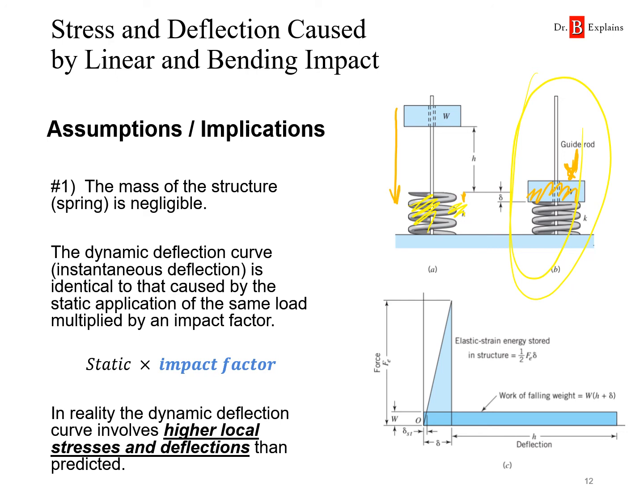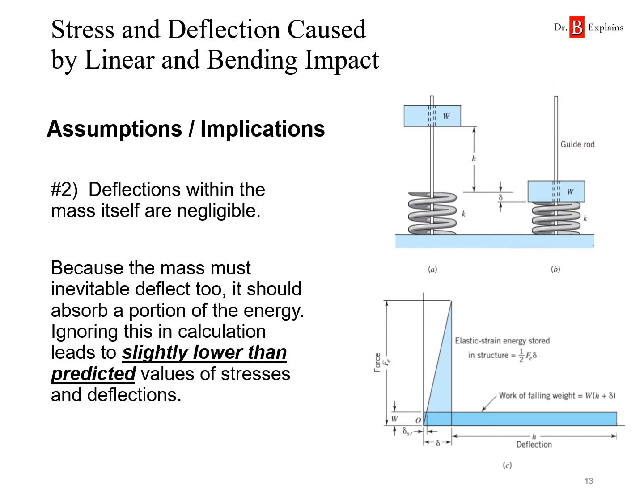So that magnification is what we call the impact factor, and we'll show you how to calculate it in a little bit. But as a result of this assumption that the mass of the structure is negligible, in reality, the dynamic deflection curves are going to involve higher local stresses and deflections than the ones predicted by this simple approach. However, that's not the only assumption.